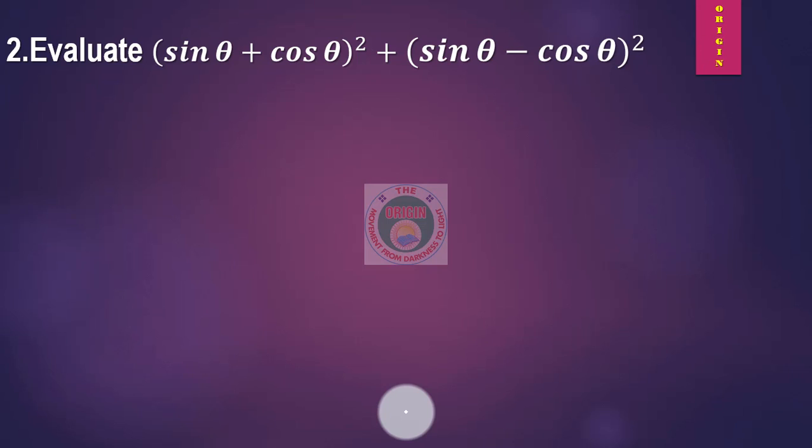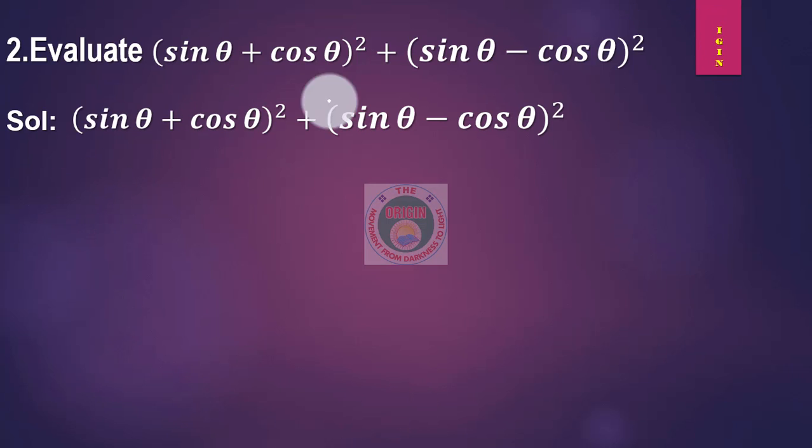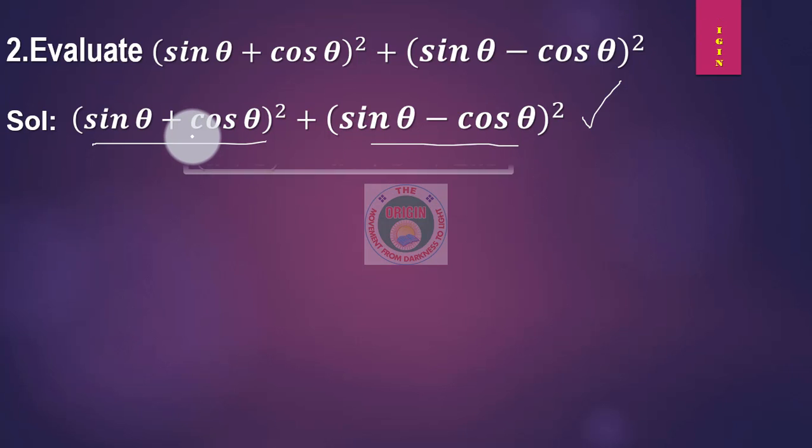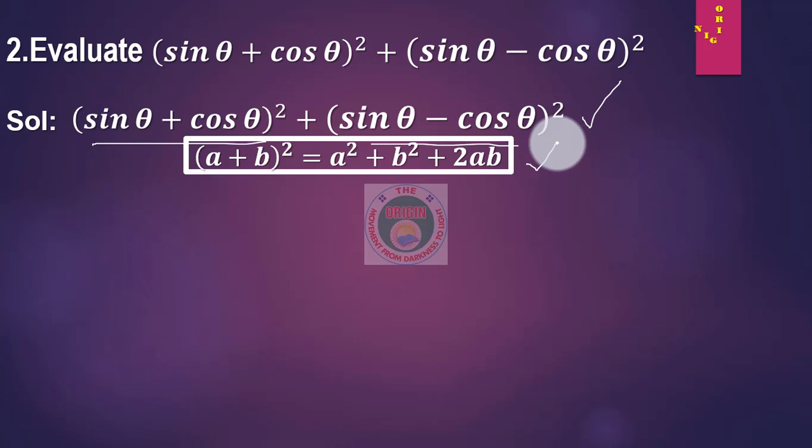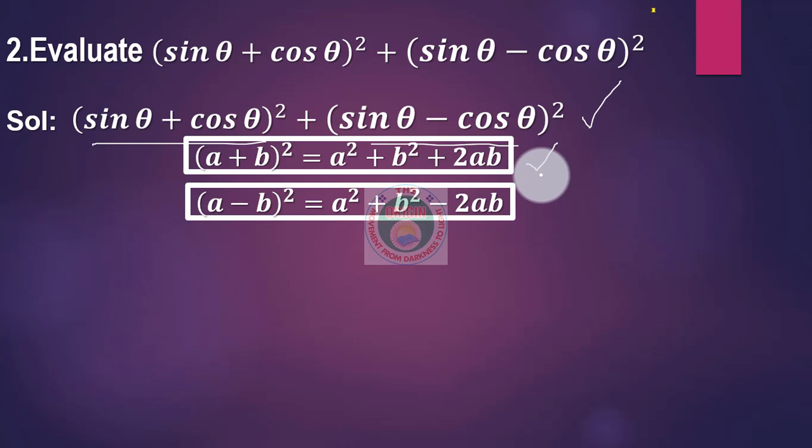Evaluate sin theta plus cos theta whole square plus sin theta minus cos theta whole square. In the previous problem, this was one step. The second problem takes two different problems and creates one problem. You know that a plus b whole square is a square plus b square plus 2ab, and a minus b whole square is a square plus b square minus 2ab.